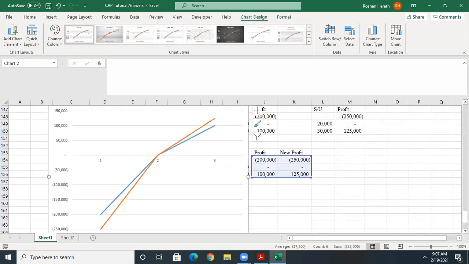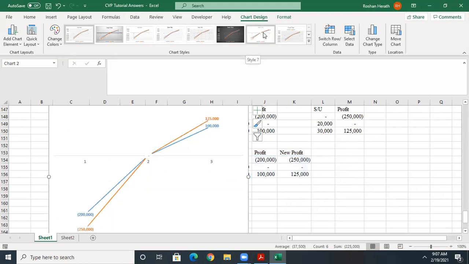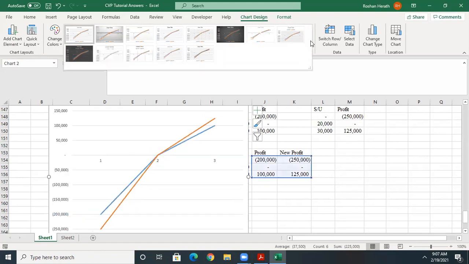But it's supposed to be a straight line. Here it shows as kind of, no, it does not come as the intended way.